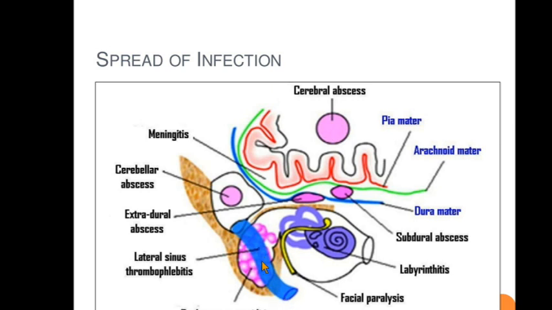Here thrombus in the lateral sinus, thrombophlebitis, abscesses, extradural, subdural, within the brain, cerebral cortex, cerebral abscess, meningitis, and cerebellar abscess. Okay, so if you remember this diagram, you can already write down 15-20 points. So first coming to the extracranial, extratemporal complications, subperiosteal abscess.